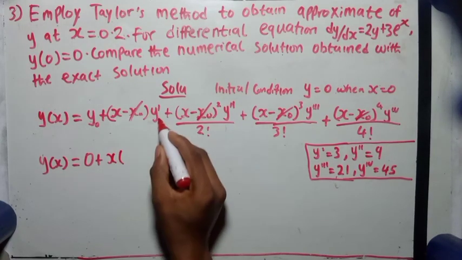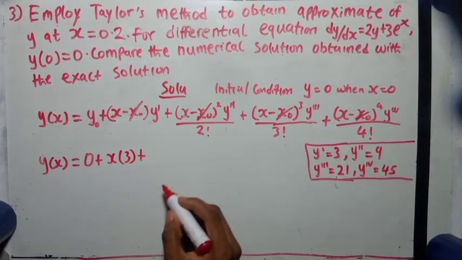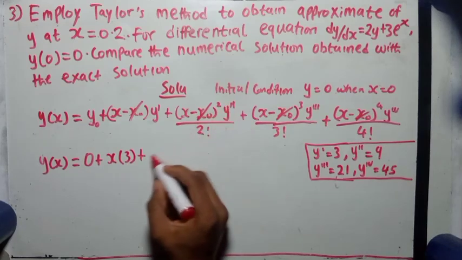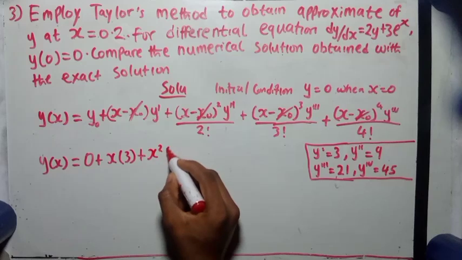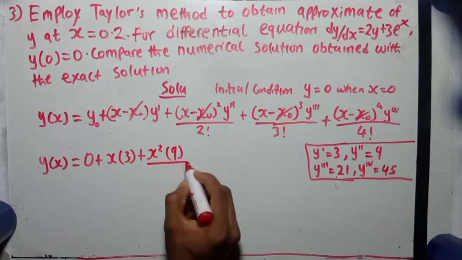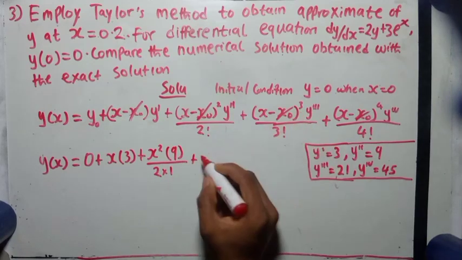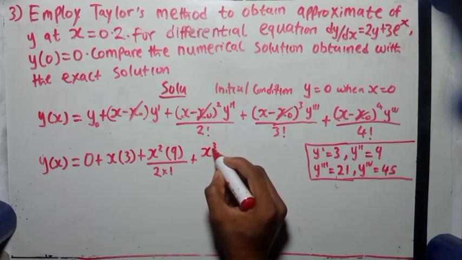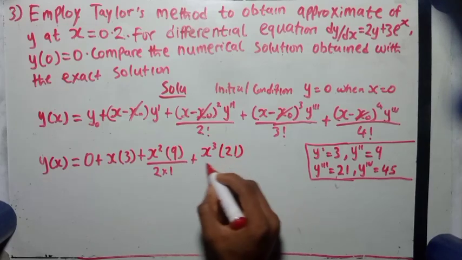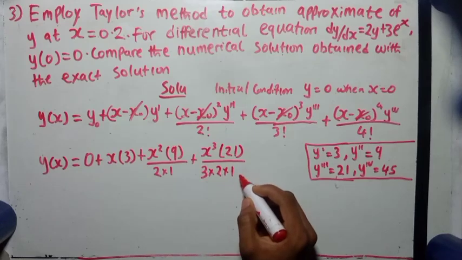Now inputting our values, we are going to have x multiplied by our y prime, which is 3, and we add to it our x squared multiplied by our double prime, which is 9 over 2 times 1, plus, this time around, x raised to power 3, our triple prime, which is 21 over 3 times 2 times 1.